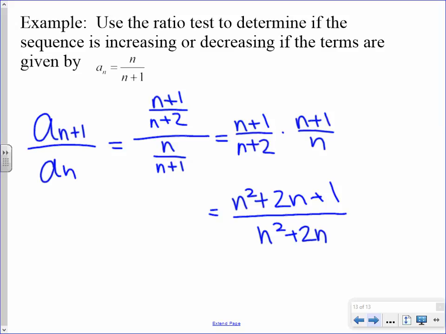There will be times where you have no idea how to tell, and then it's not efficient. But clearly, we can see that the numerator will always be 1 larger than the denominator. So we have a fraction larger than 1, which means we're increasing.